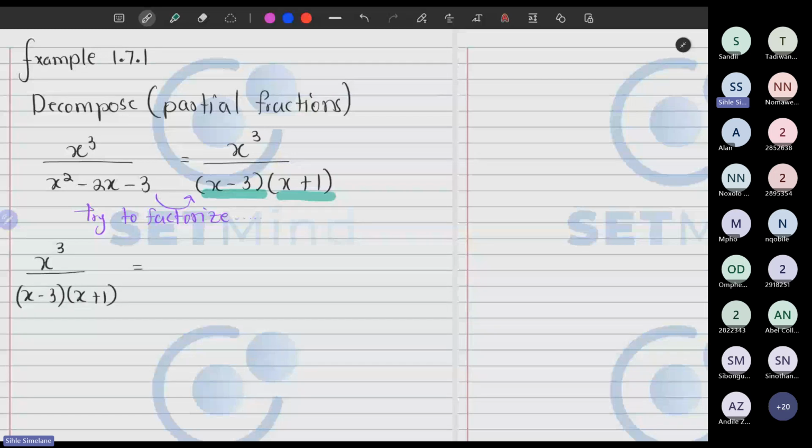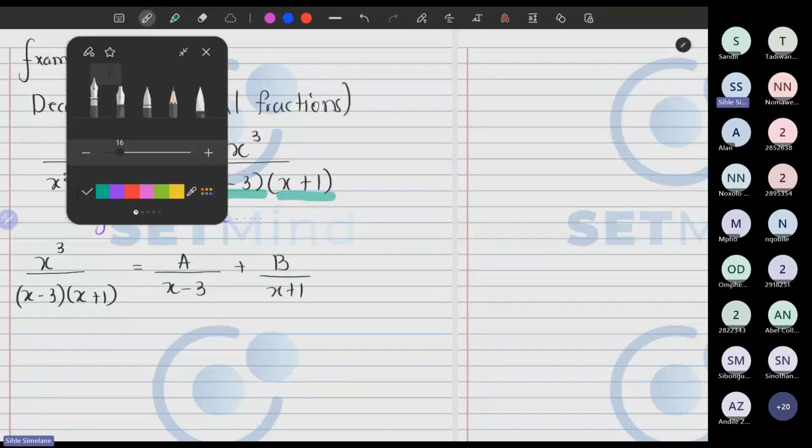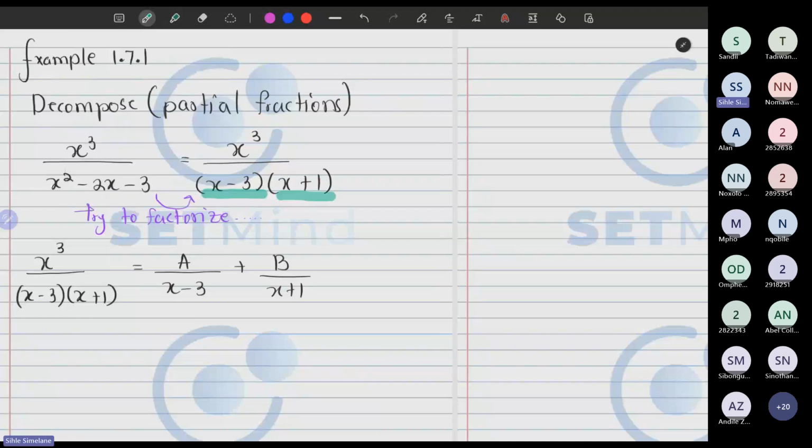So this here will be, because this is a linear factor, we'll have an A. So how I want you to think about this is, give me a second, I'll introduce you to something. So when you do your partial fractions, what will happen is if you have a linear factor, on top of the linear factor, you'll have a constant.